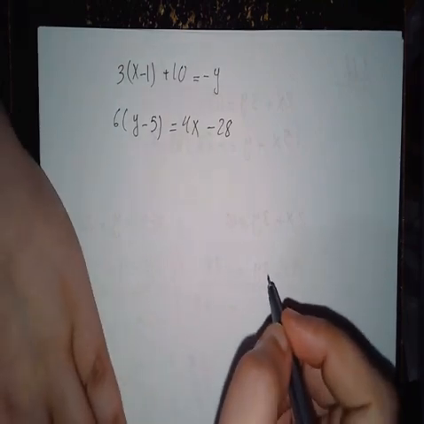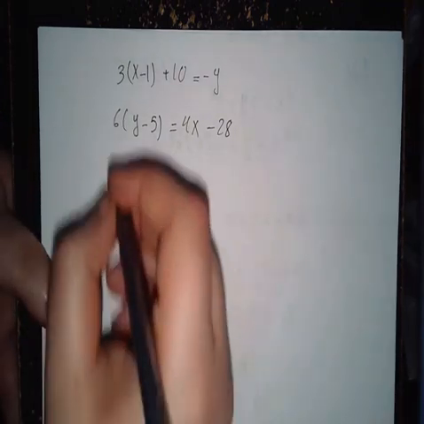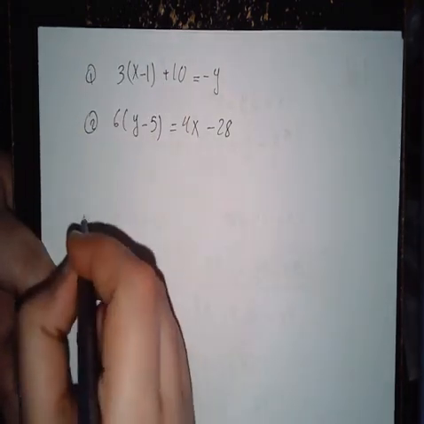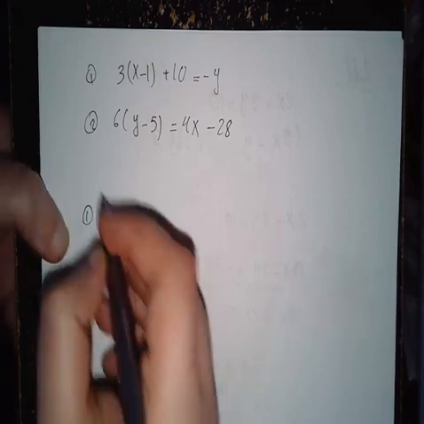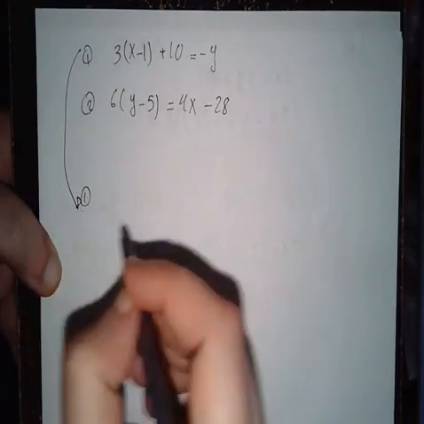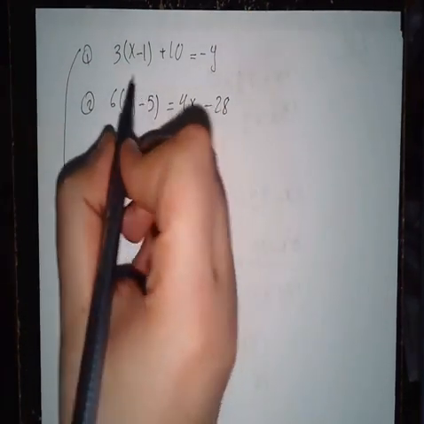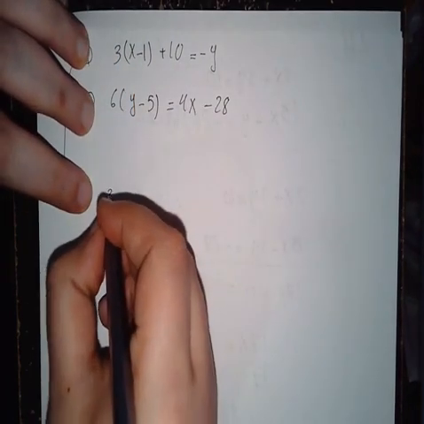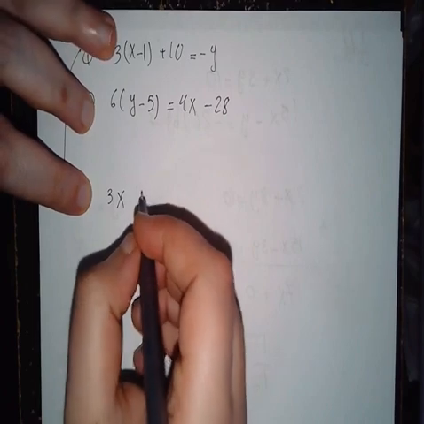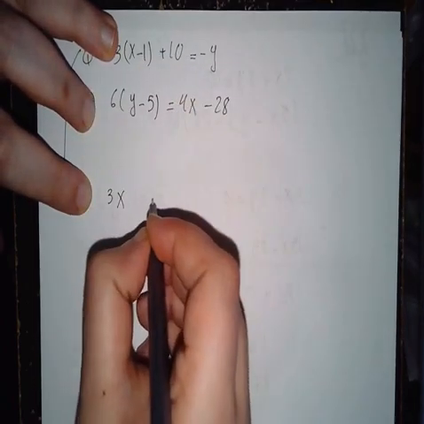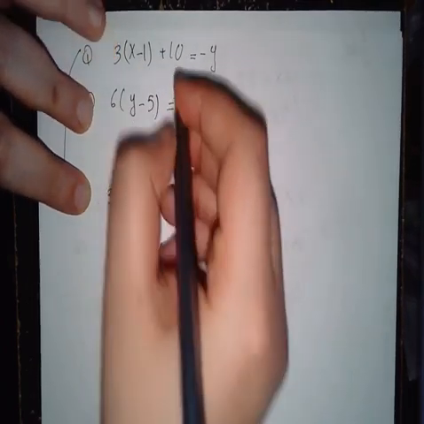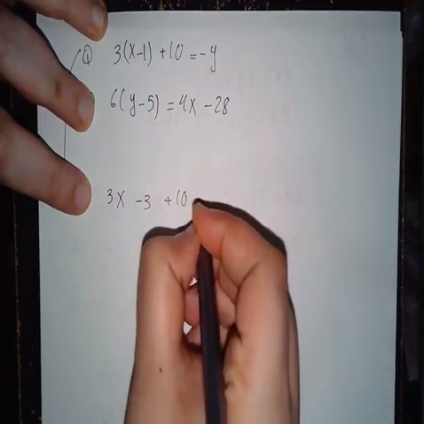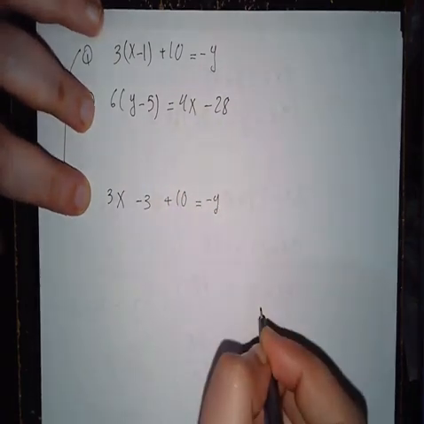Okay, so here's the rewrite. First equation, second equation. So after they've been rewritten, they turn into this. Here's the first one. Now, 3 gets multiplied in, right? So that's 3x. And we have a negative 3 right here. Plus 10. Minus y. Okay.